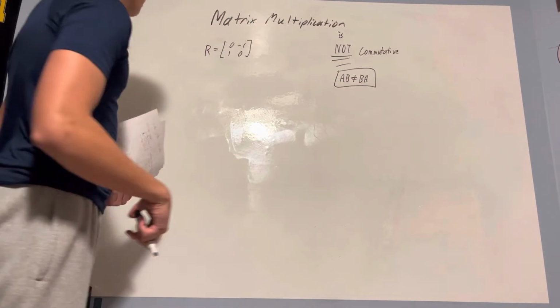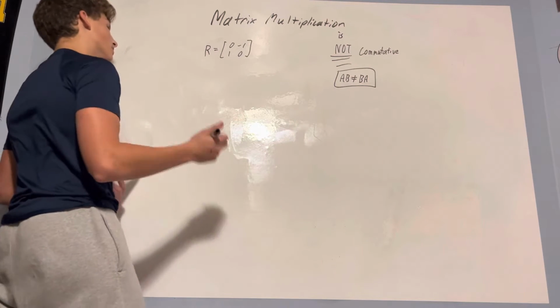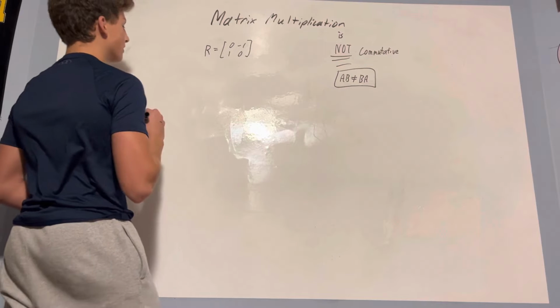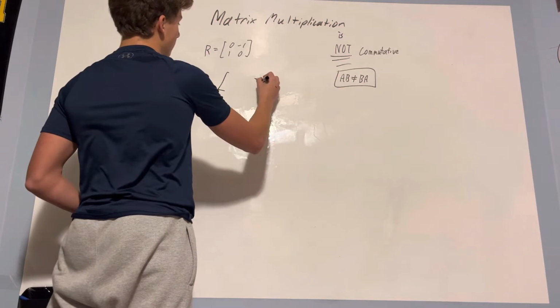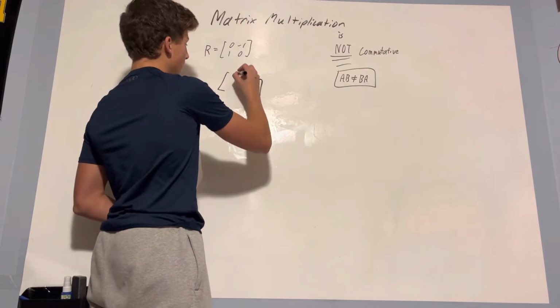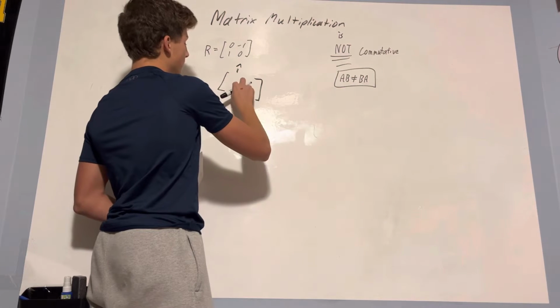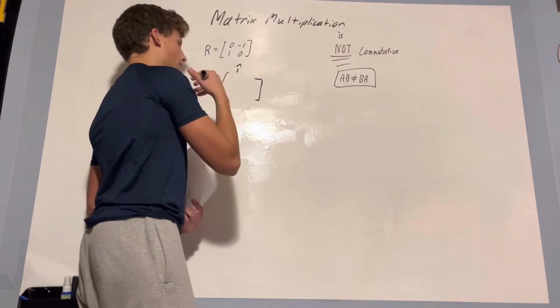So let's look at the general case, where we define our coordinate system. This first column is going to be the x coordinate and then the y coordinate of our first vector.